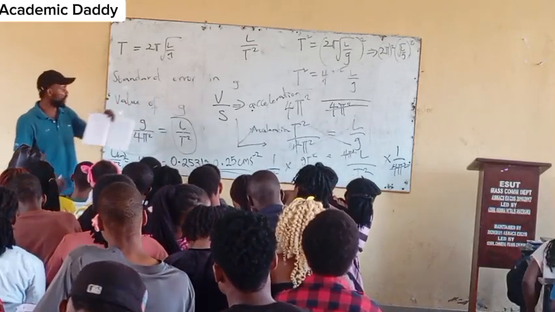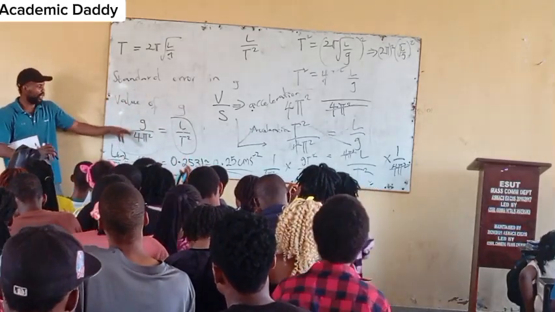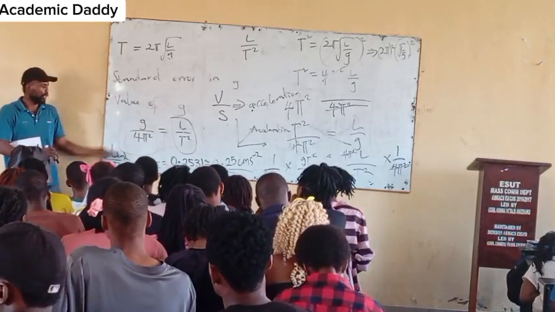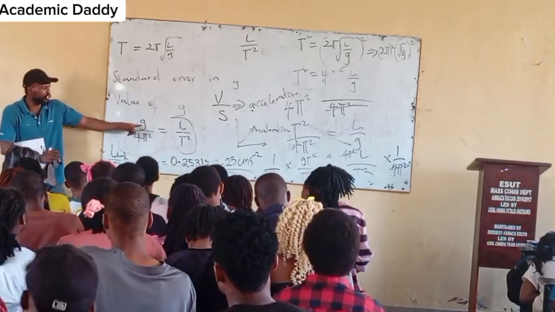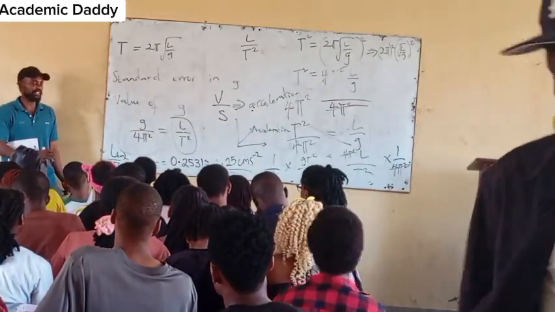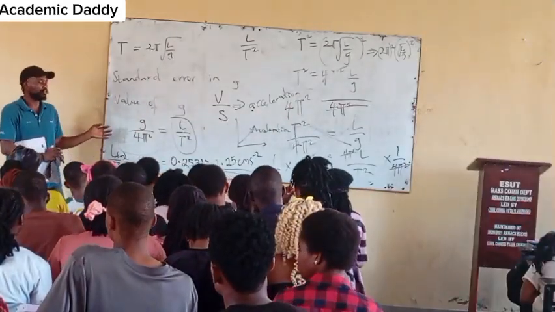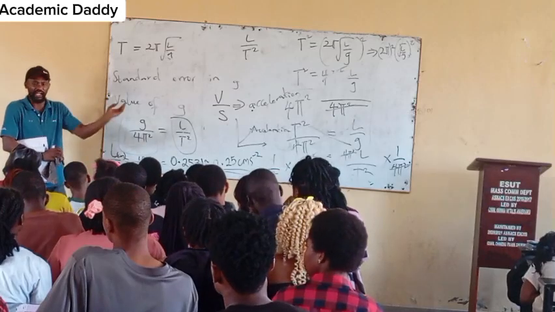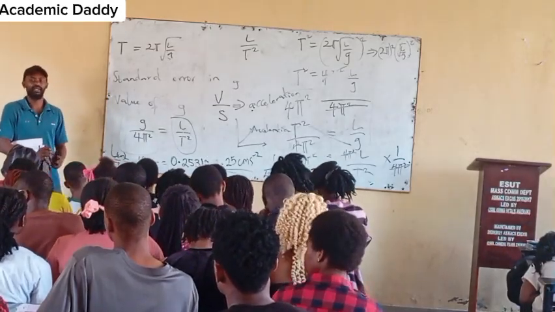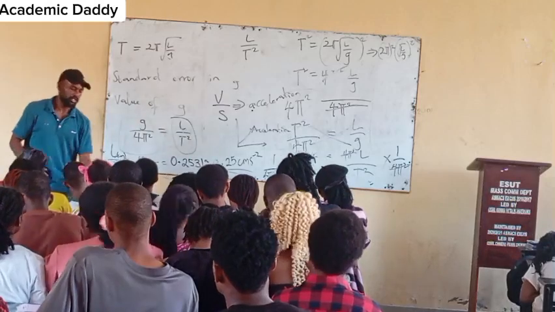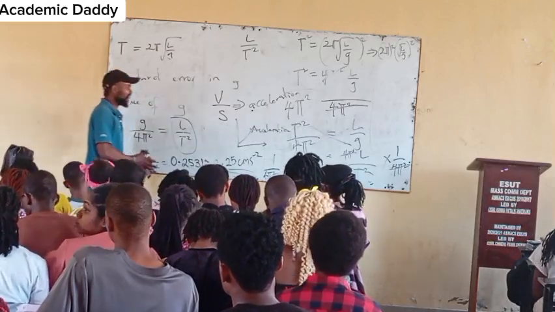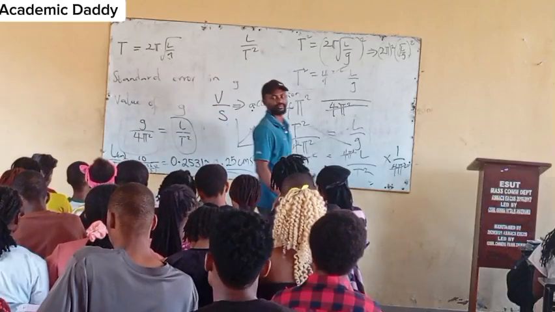So even as we have this equation, we can still get g from this very equation they give to us. We make g the subject of the formula. And when we solve for g, g should not be far from 9.8 or 10 thereabouts, because we know that g is a constant. So let's try to find g.